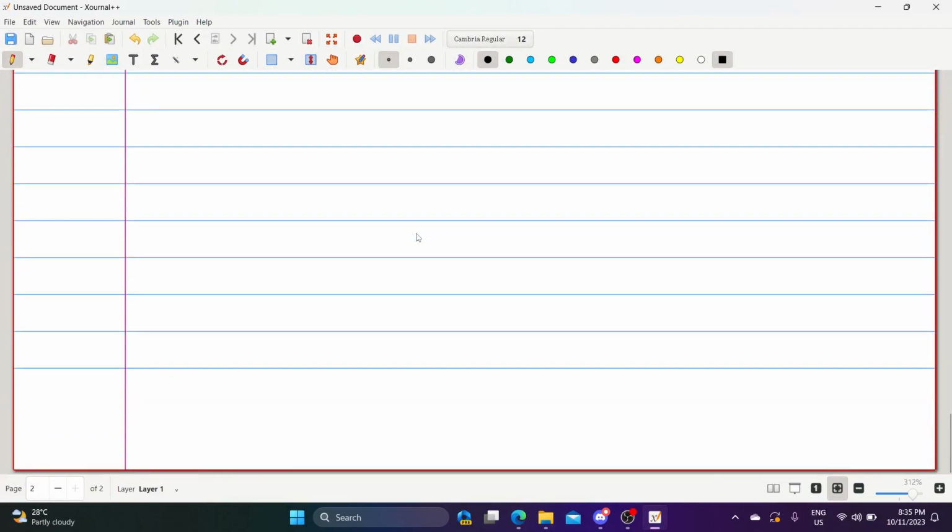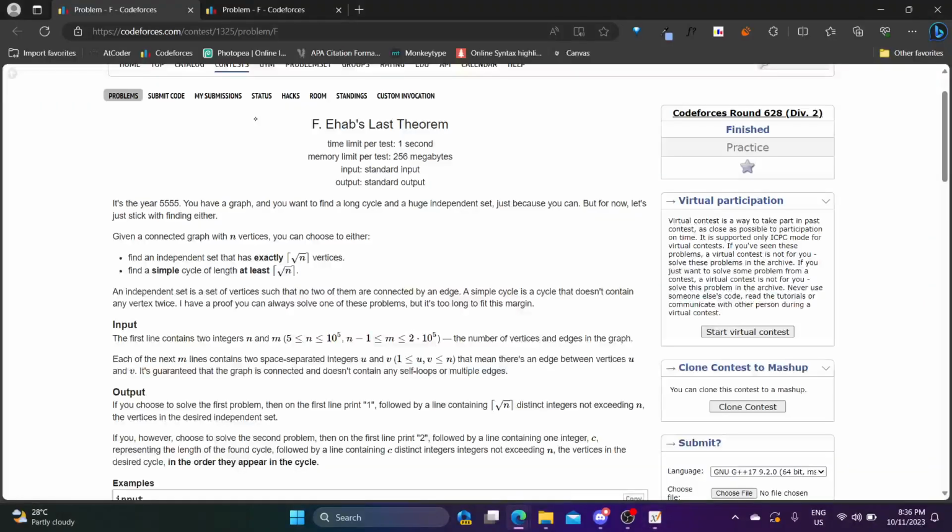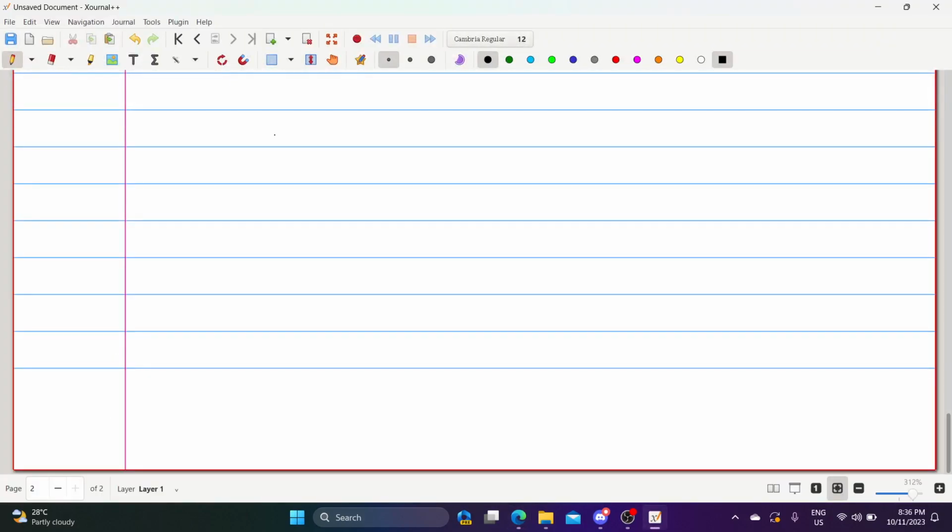Okay, so the approach to this question is also back edges, but is slightly different. So for this case, right, let's say when we do DFS, and then we found a back edge that is very far away, more than square root n.